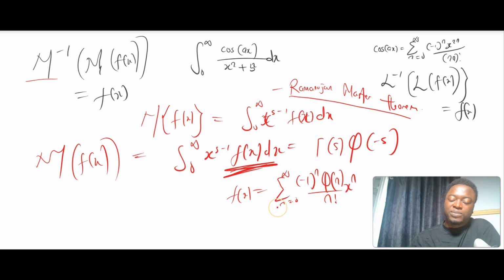So if we can express f of x as a series in this form, then the Mellin transform of f of x is equal to gamma of s phi of negative s. And this is the Ramanujan Master Theorem.